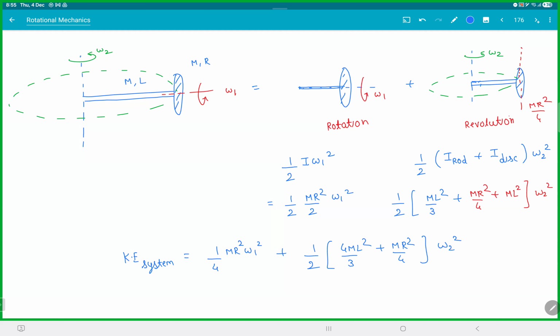Check. Is that clear, everyone? So for the rod, it is the edge, and for the disk, it's a diameter plus parallel axis theorem. All clear with the steps?